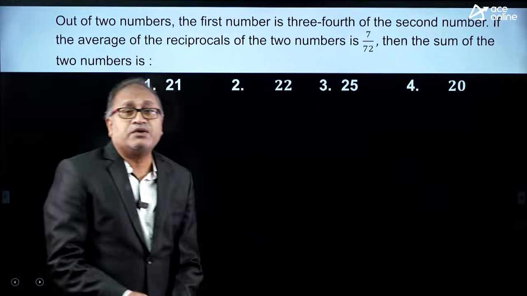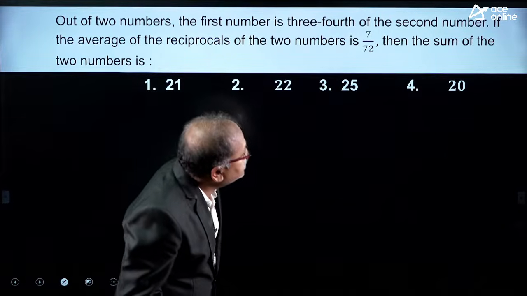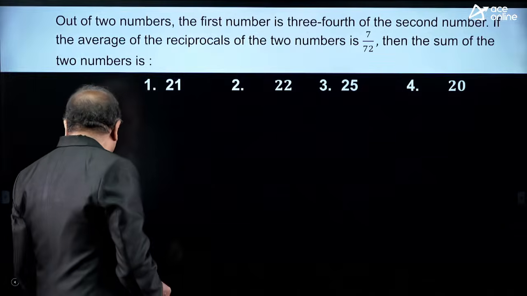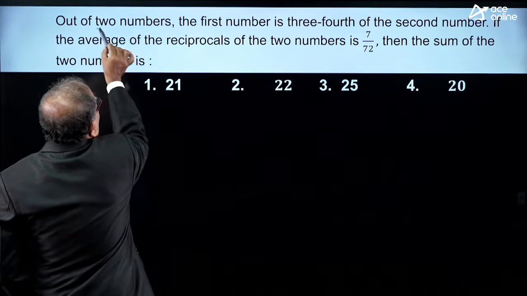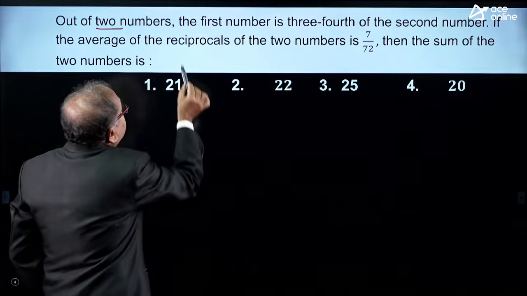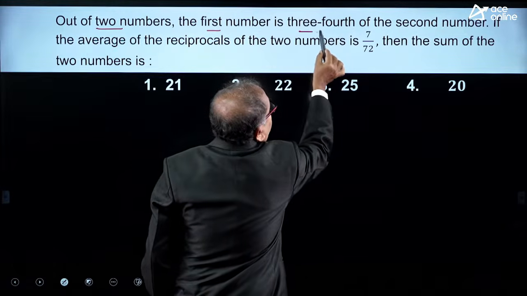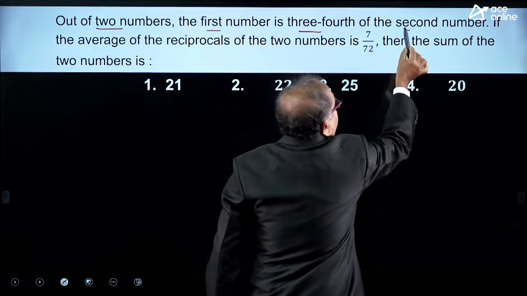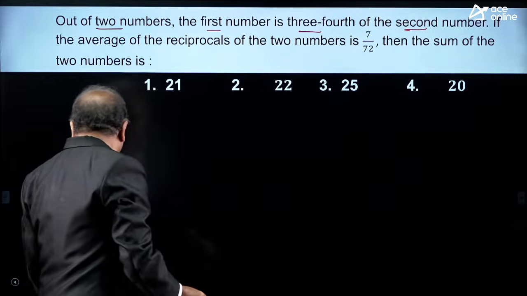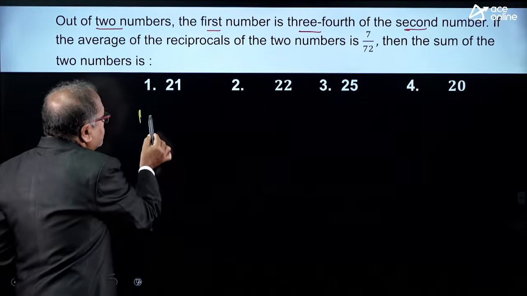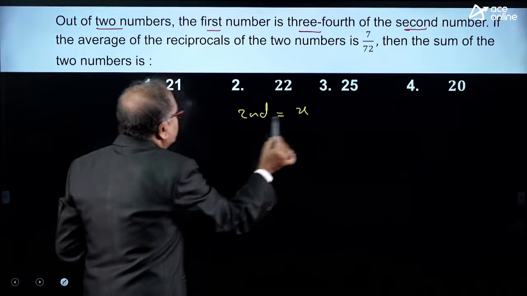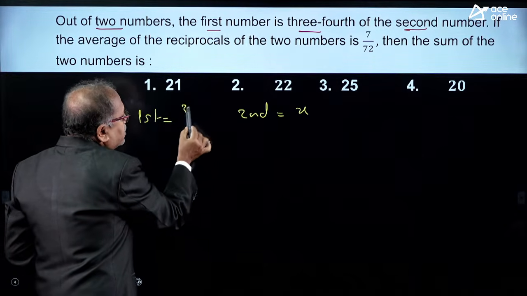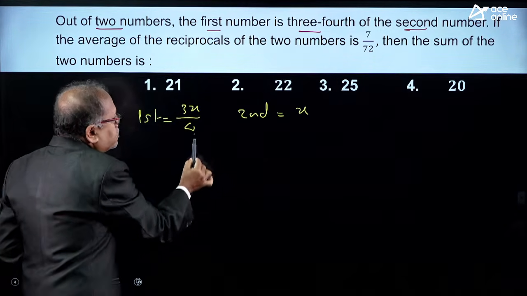Okay. I have taken the previous year question. Did I mention the year? The SSC exam question here. Now, out of the two numbers, the first number is 3/4 of the second number. So if I consider the second number x, then the first number is 3x by 4.